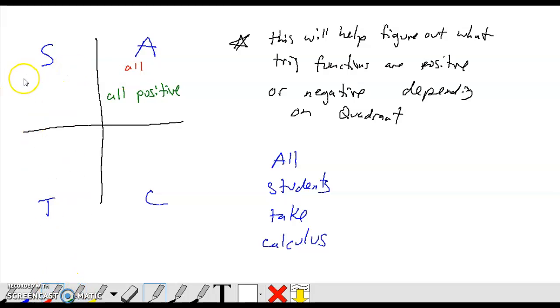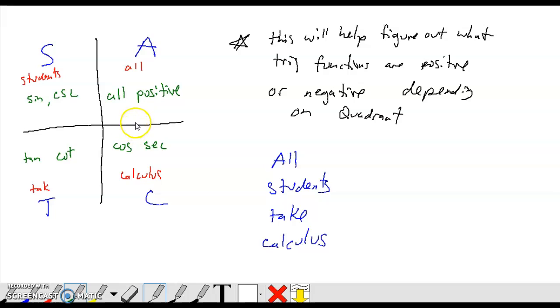The S, which stands for students, will be this: the sine and its reciprocal will only be positive. T, hopefully you got that, stands for take, which means this will be the tangent and cotangent. And last but not least, this is your calculus, which means this is your cosine and your secant.